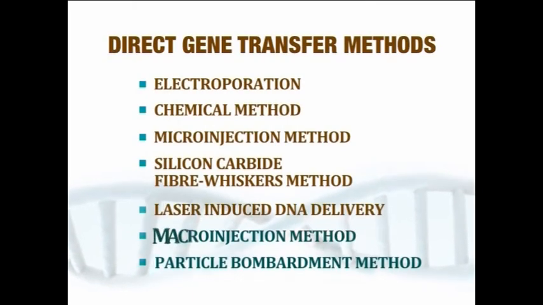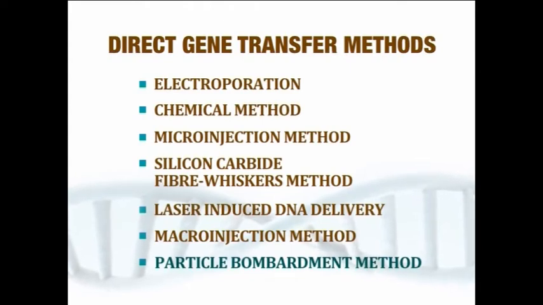We will now have the macroinjection method. This method involves the use of a hypodermic syringe to inject the plasmid DNA into the lumen of developing inflorescence. The needles used for injecting DNA have a diameter greater than the cell diameter.